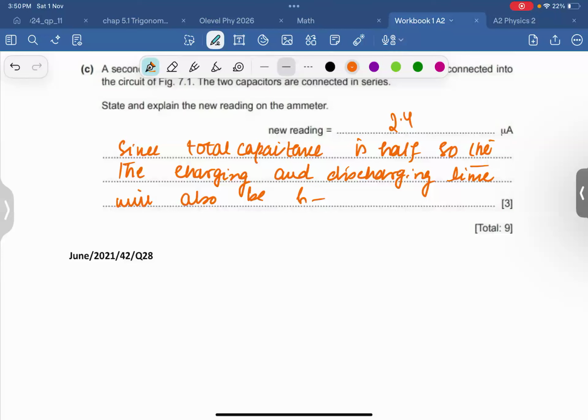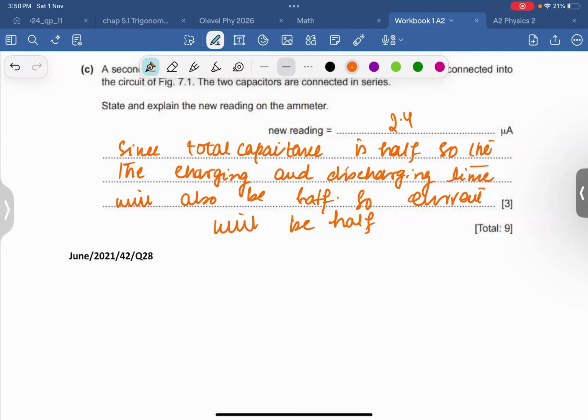Okay, and if they're half, so charge will be half, or current will be half. So the current will be half. That's it.